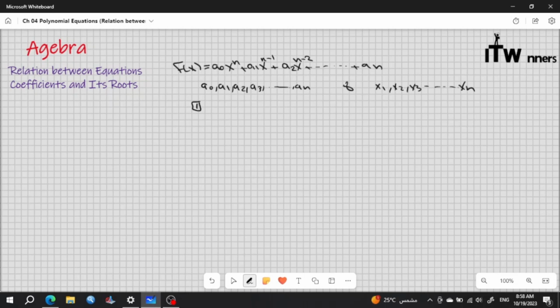if we have the summation of xi, where i is from 1 to n, this equals x1 plus x2 plus x3 then plus xn, this equals negative a1 by a0.